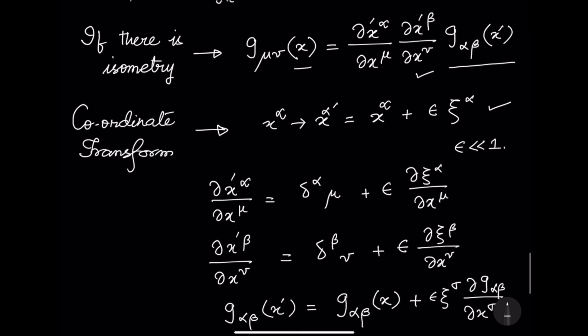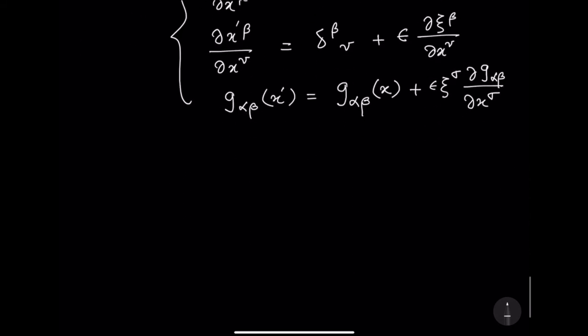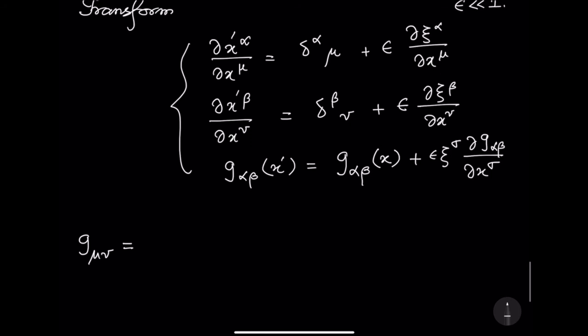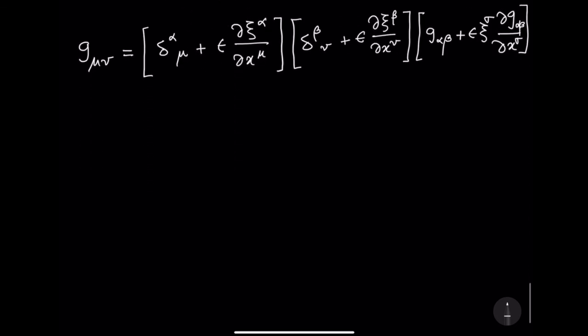So what do I get? I use these three expressions in this, and what I get is g mu nu in the left hand side equals, let's see, I will have 6 quantities, so let me write it down for you. So let's work this out. The first term is this delta, delta, and g alpha beta. What will happen? Well, both the deltas have alpha and beta upstairs.